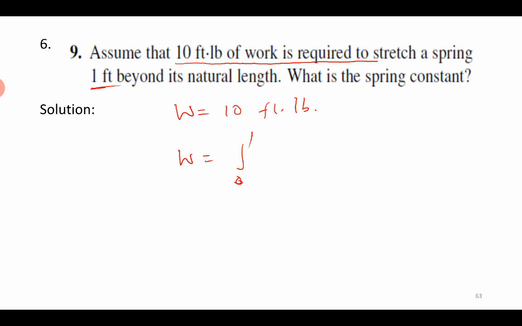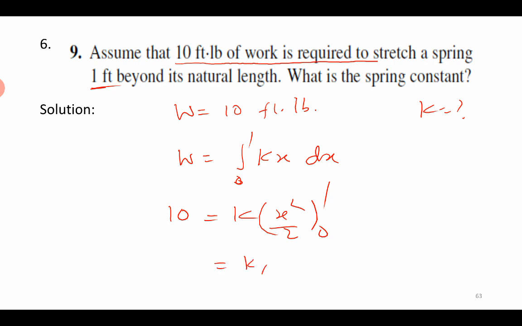What is the spring constant? The question is, what is k? So this is k times x dx. And W is 10. When you integrate x, it will be x square over 2 from 0 to 1. So this is k over 2, which is equal to 10. This gives k is equal to 20.